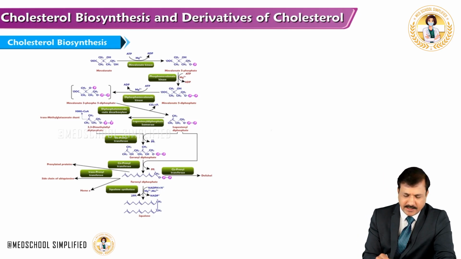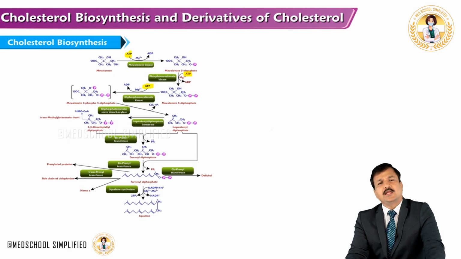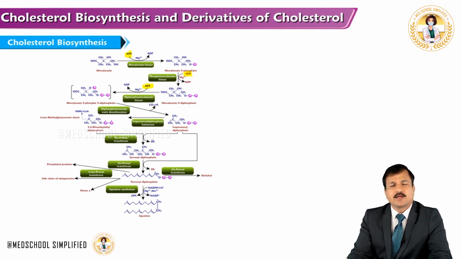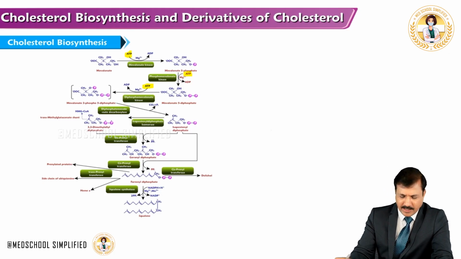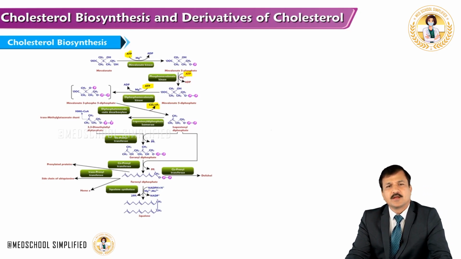So in the first reaction there is an addition of ATP, in the second reaction there is addition of one more ATP, and in the third reaction there is an addition of another ATP. That means 3 ATPs are broken down here sequentially, one after the other, into ADPs, and there will be phosphorylation of mevalonate, followed by a decarboxylation process.